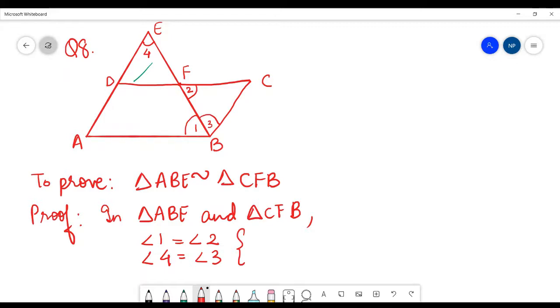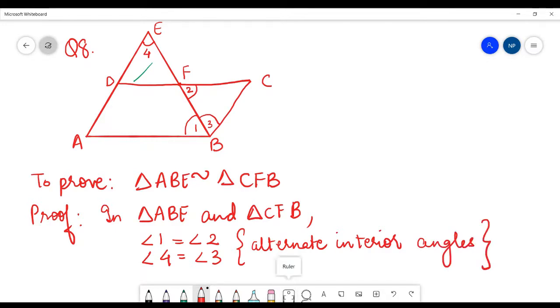They can be termed as alternate interior angles, right? Now you see angle 1 is equal to angle 2. These are parallel lines and this is the transversal, you can say. So angle 1 is equal to angle 2 and angle 3 is equal to angle 4, therefore alternate interior angles.